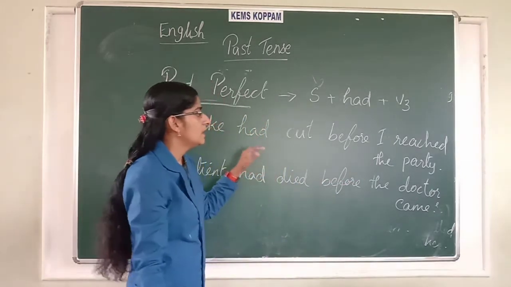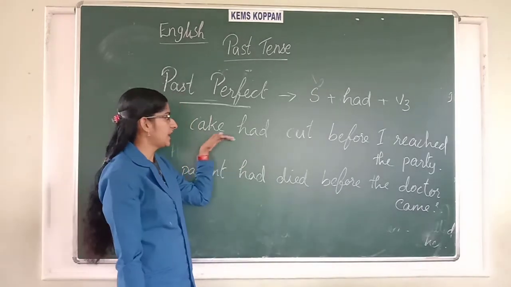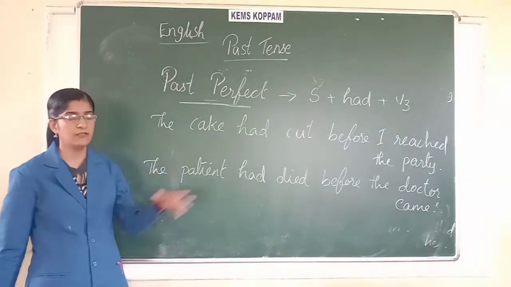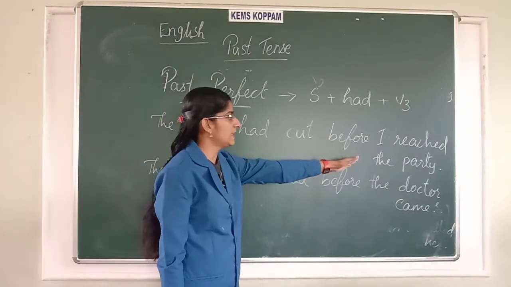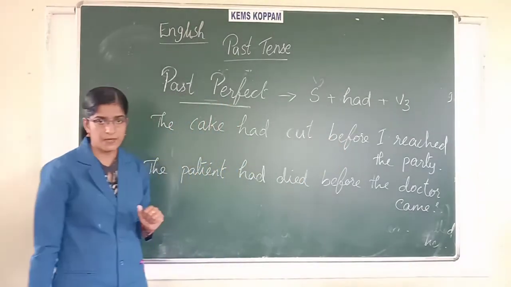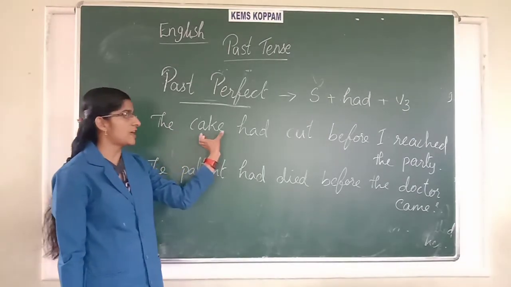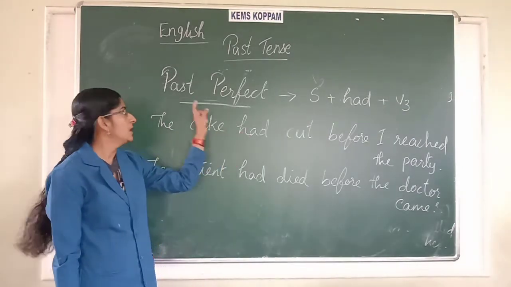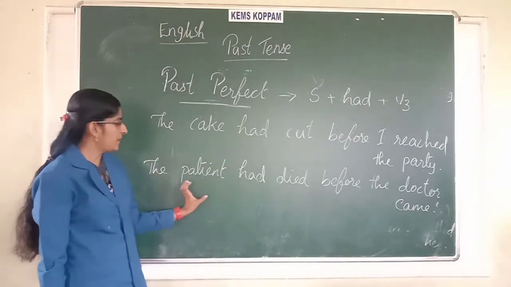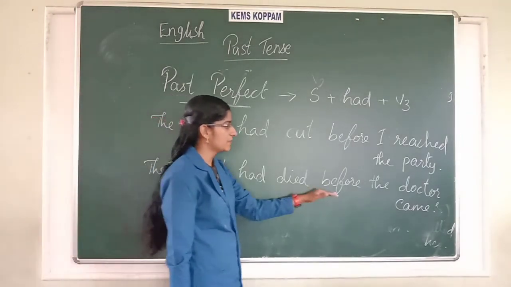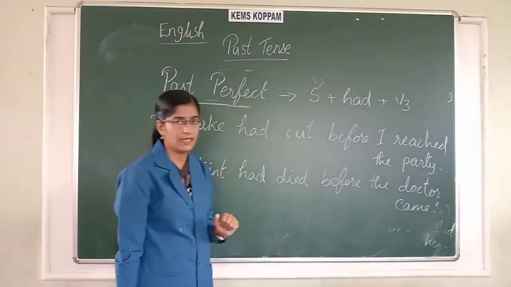Before he reached the party, the cake had already cut. He was late. The cake cut. Then only he could reach the party. So the first finished action should be written in past perfect. Clear? Here, the patient had died before the doctor came.